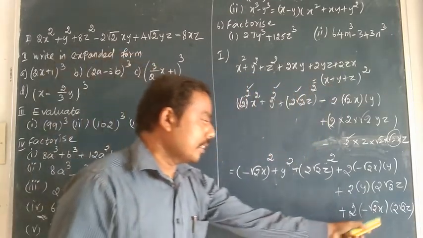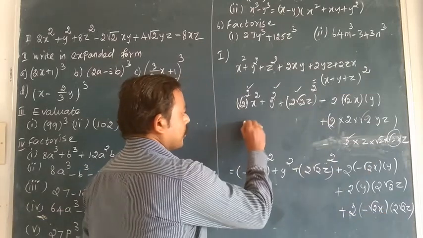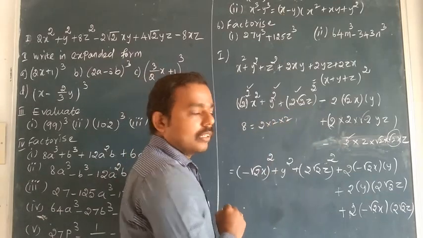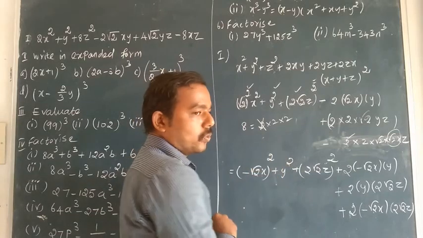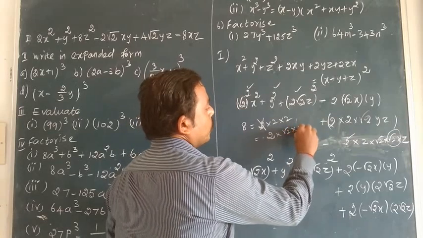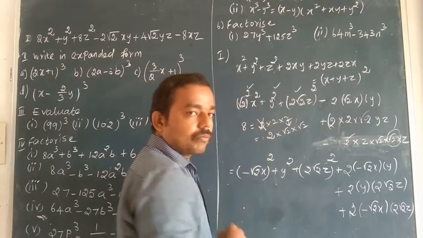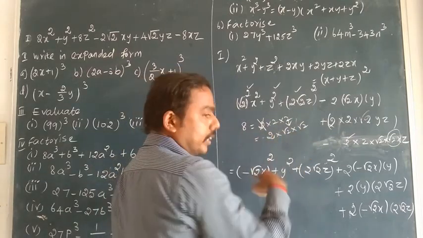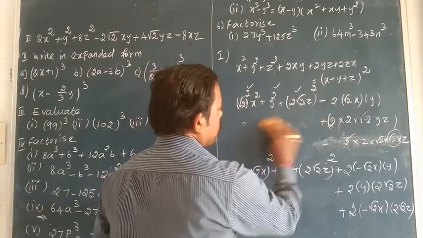This is the important part, because we are going to split our 8 as 2 into 2 into 2. Here already 2ab, so further remove this 2. And the next time I am going to split 2 into root 2 into root 2 for this 2 alone. Now we know it is root 2 in the x place and 2 root 2 in the z place. So write as it is in the place of x and y.